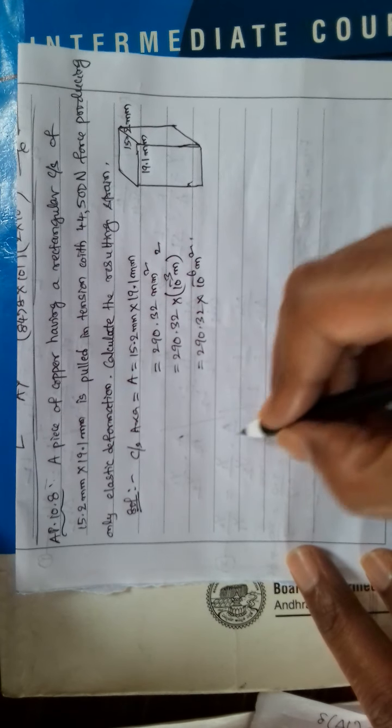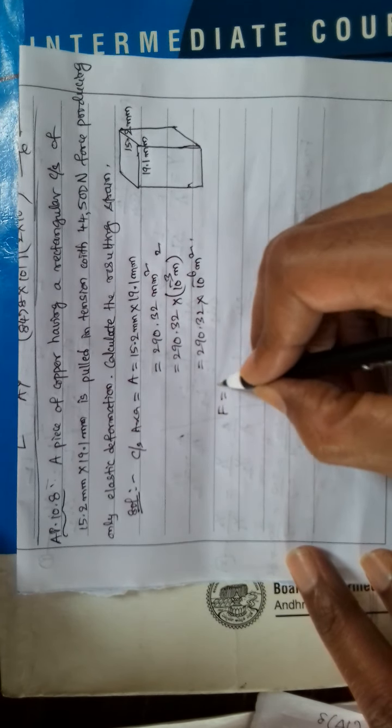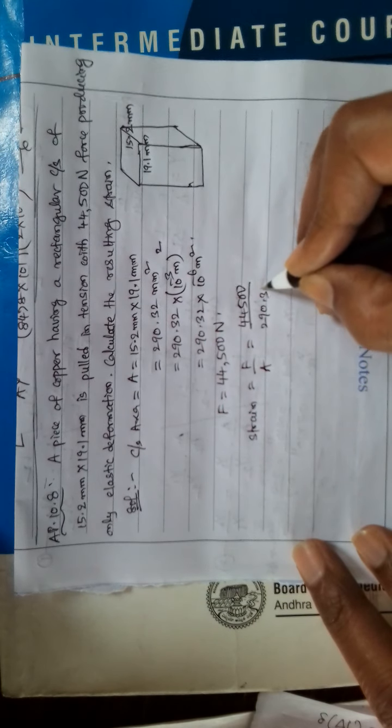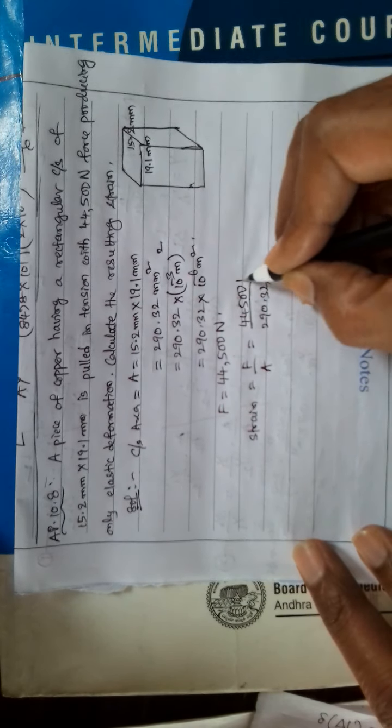Now force is given, 44,500 newtons. Strain is asked. Strain is equal to force by area. So we get 1.52.